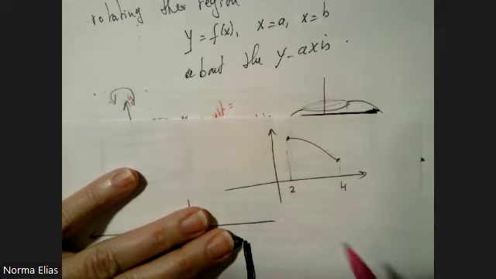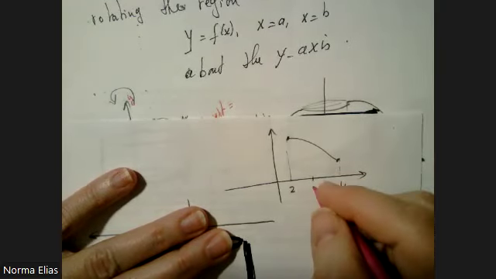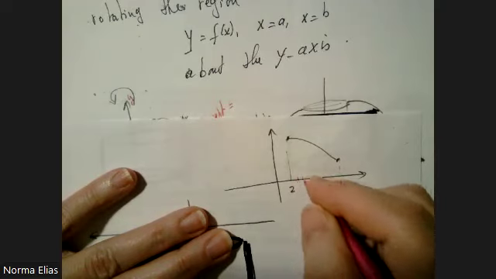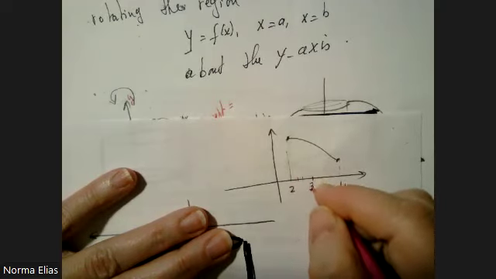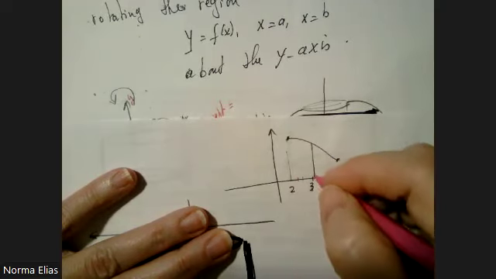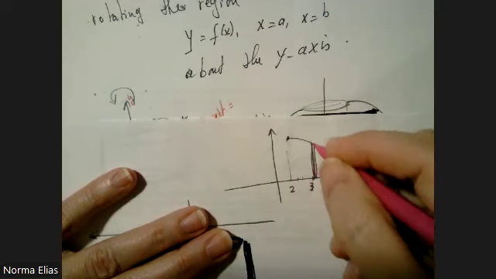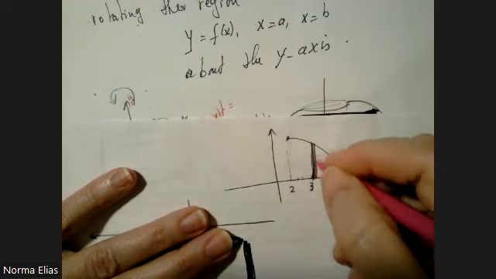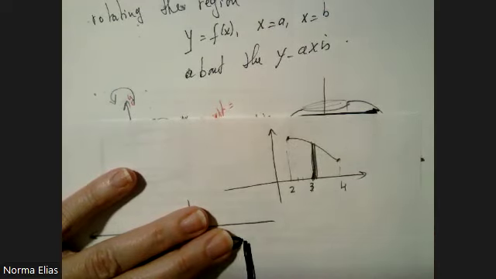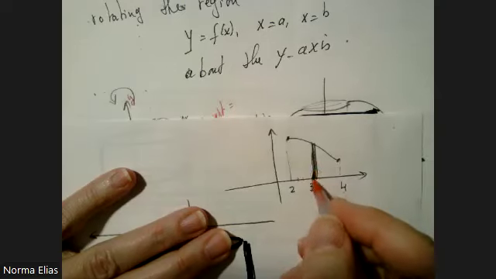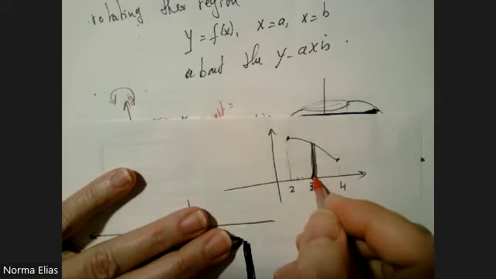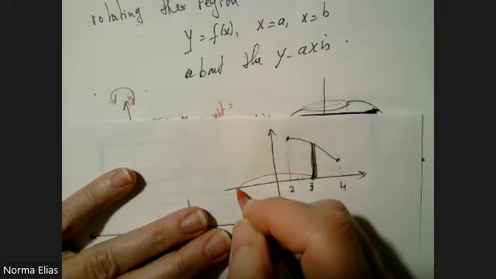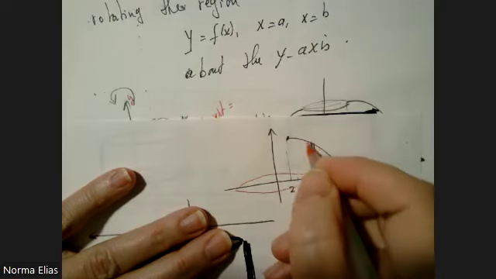Let us assume that when I split this into pieces, one of the pieces fell on 3. So this is 3 here, and this is my little shell. I take this and rotate it about the y-axis.